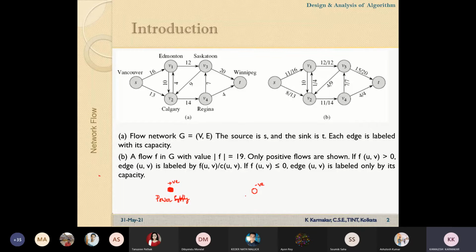So electron will flow, though actually electron is flowing from negative to positive direction, but we consider the current is flowing in the opposite direction. So this is the sink. Okay, so this is a source and this is another point which is sink.